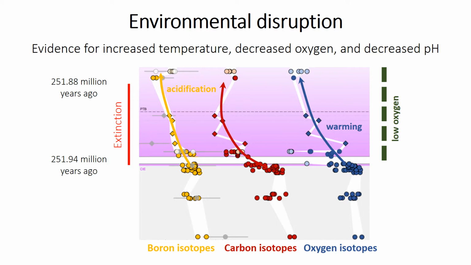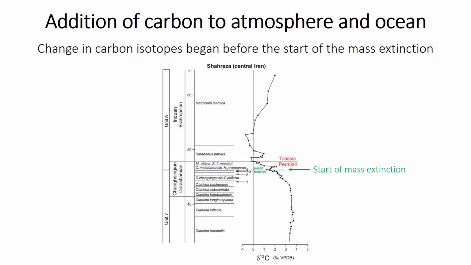But maybe the carbon isotopes are not causing things. Maybe they're actually caused by the extinction itself. So we need to look at that first. Well, we can rule that out relatively quickly for the Permian extinction because at most places, probably, the carbon isotope values start to change before the start of the mass extinction.